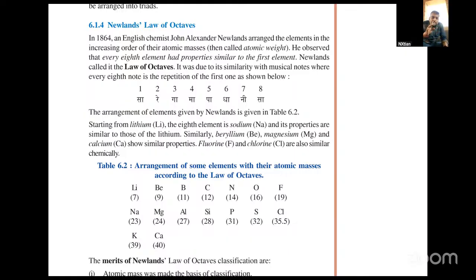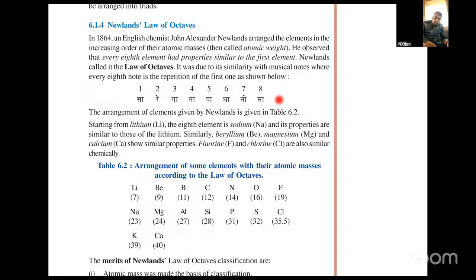So he did it Do Re Mi Fa Sol La Ti Do. In Sa Re Ga Ma Pa Da Ni Sa, we know that the first and the eighth note are repeating. Second and ninth note, third and 10th note, fourth and 11th note. So like this, after every seven, everything is repeating.